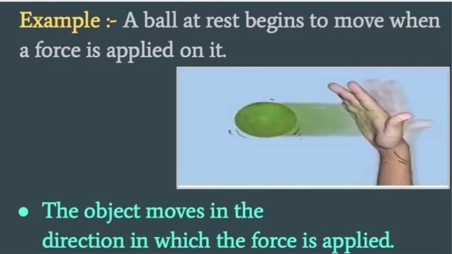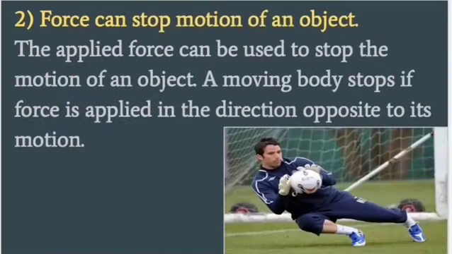So we can see the object moves in the direction in which the force is applied. The direction of force and the direction of motion of the object is the same. So note this point: the object moves in the direction in which the force is applied.